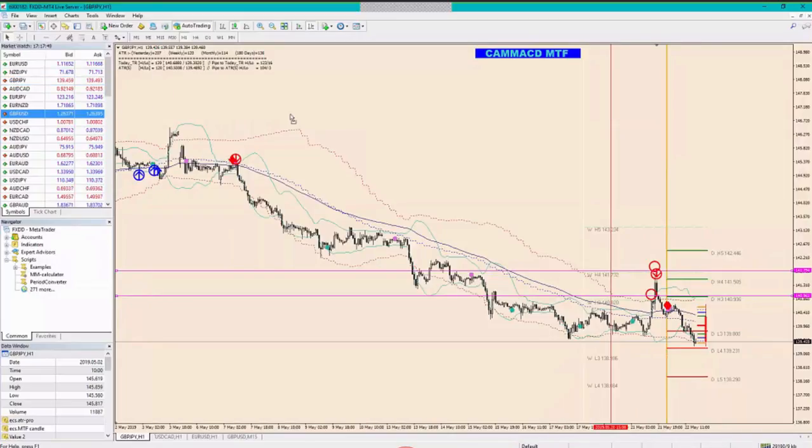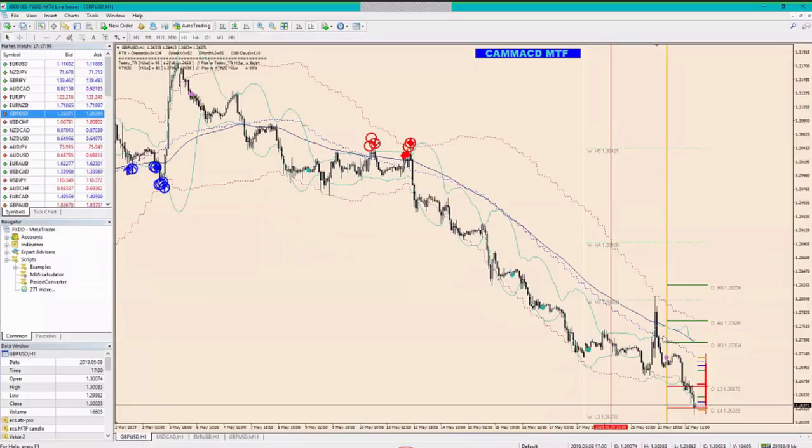Next trade, for example, the GBP dollar. Let's say that this was the entry on the GBP dollar here, and this was the high here. So the high of this candle is 30.39.